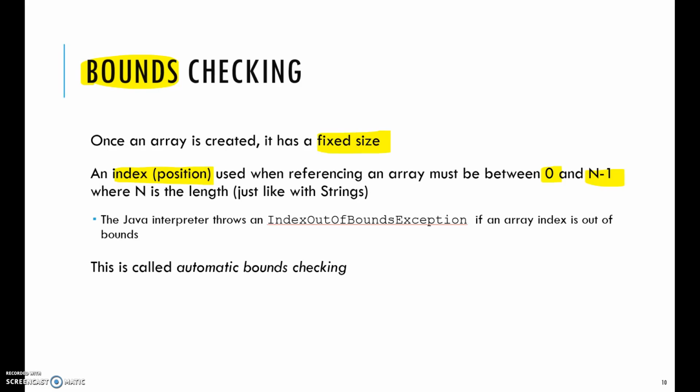If we tried to access an entry that had a negative index value or an index value greater than size-1, we would get an index out of bounds exception. And this is essentially telling us that we tried to access a value that either did not exist or could not exist. And this is automatic bounds checking, which is a nice thing that Java does for us.